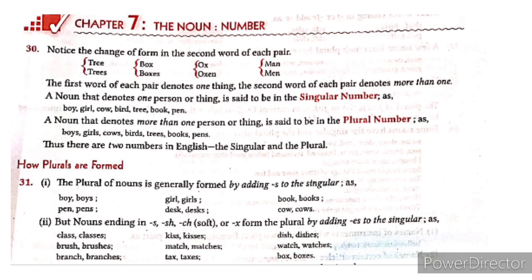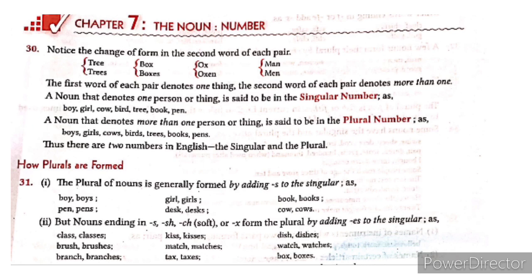Understood? The first rule was, to make a plural noun out of a singular noun, generally we add s to it. For example, boy, boys, girl, girls. First rule of forming a plural noun was by just adding s.